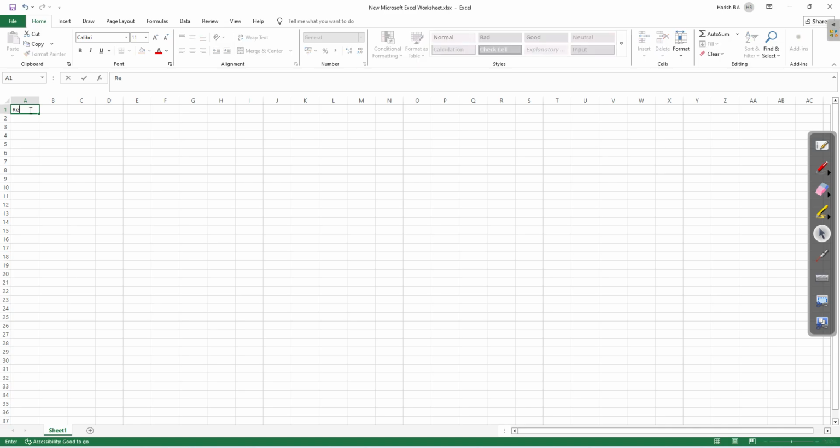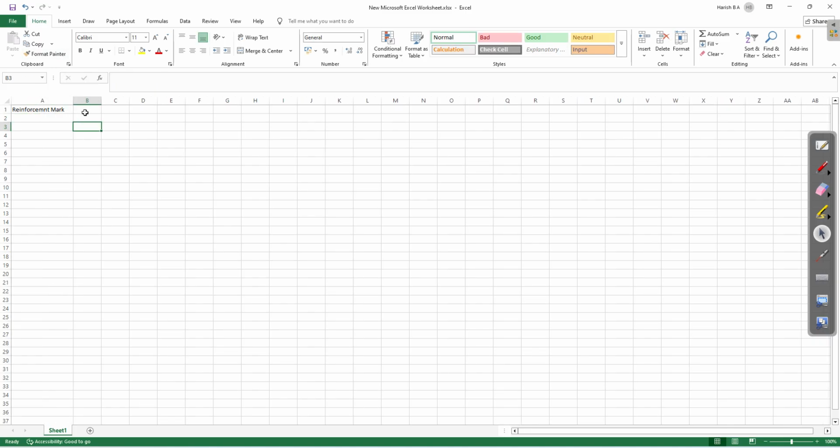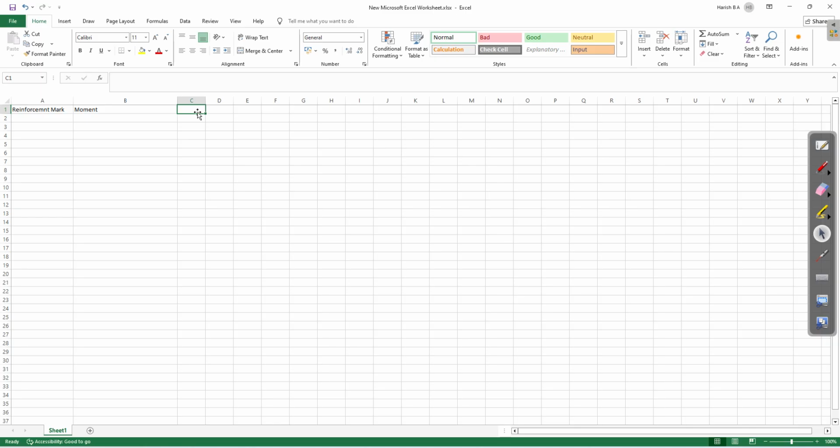First, it is reinforcement mark. First column it is reinforcement mark. Second, moment. Second column it will be moment. Next, direction.